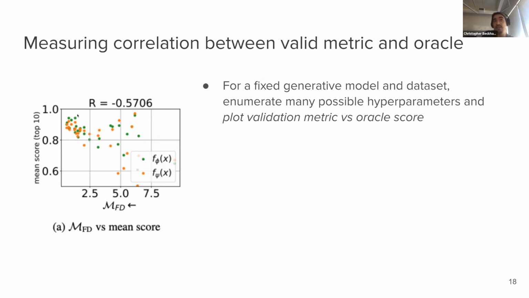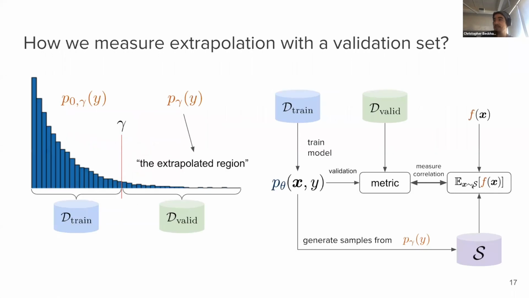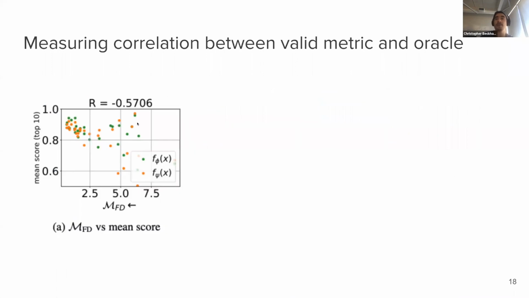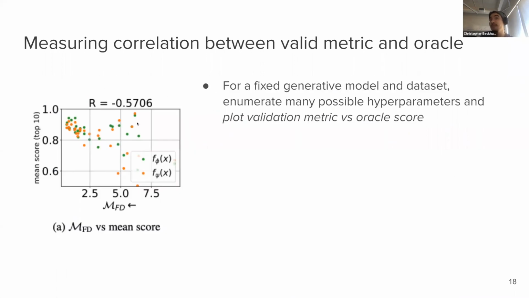We see there's a strong negative correlation between the two. Generally in GANs, you want the FID to be lower because it's measuring a distance between two distributions. And we see that as the FID goes down, this mean expectation goes up. Ideally we want to do this for many types of generative models and many types of metrics.